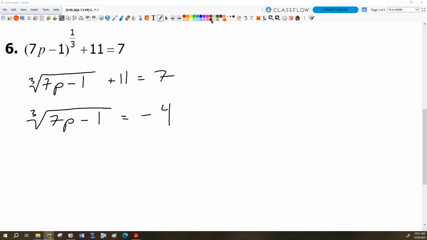It's not a no solution because of the cube root. Aha, because it's an odd root, right? It's only the even roots that can't give us negative outputs. What's the cube root of negative 8? Negative 2, right? Odd roots can do that. Odd roots can give us negative outputs. So in this case, this is okay.